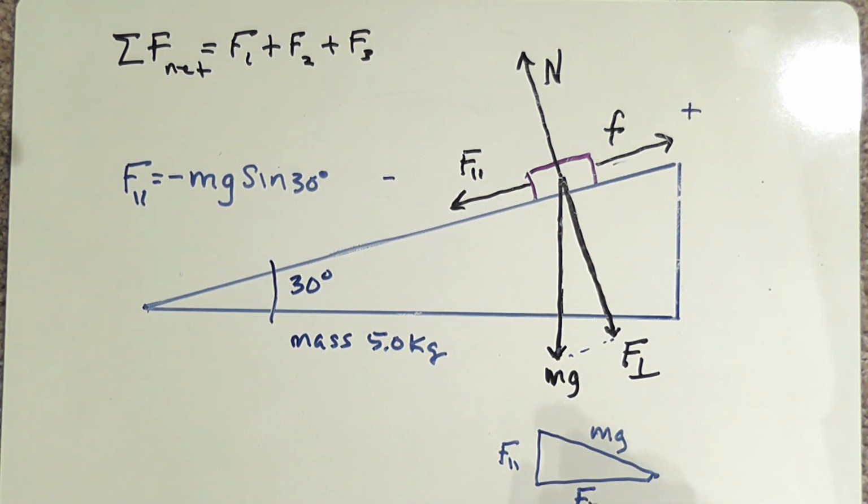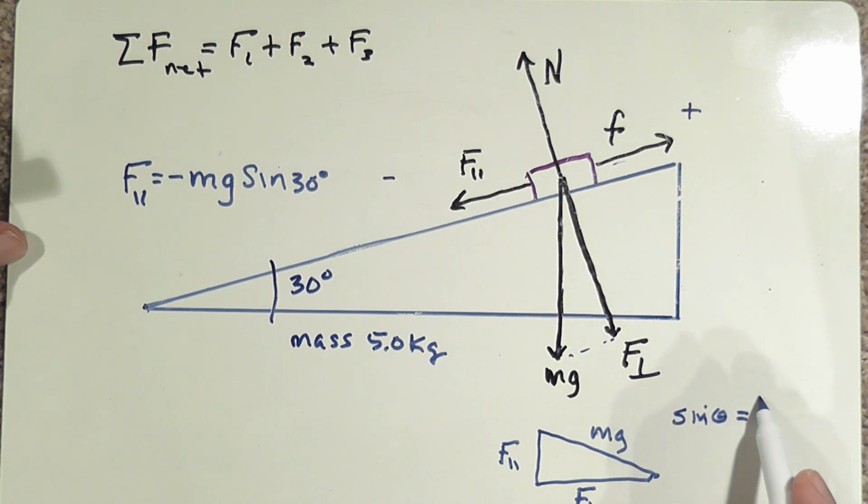And so if we want to find F parallel, the sine of theta is going to be equal to F parallel over mg, which is the hypotenuse of this triangle. And so this is how we solve for F parallel.